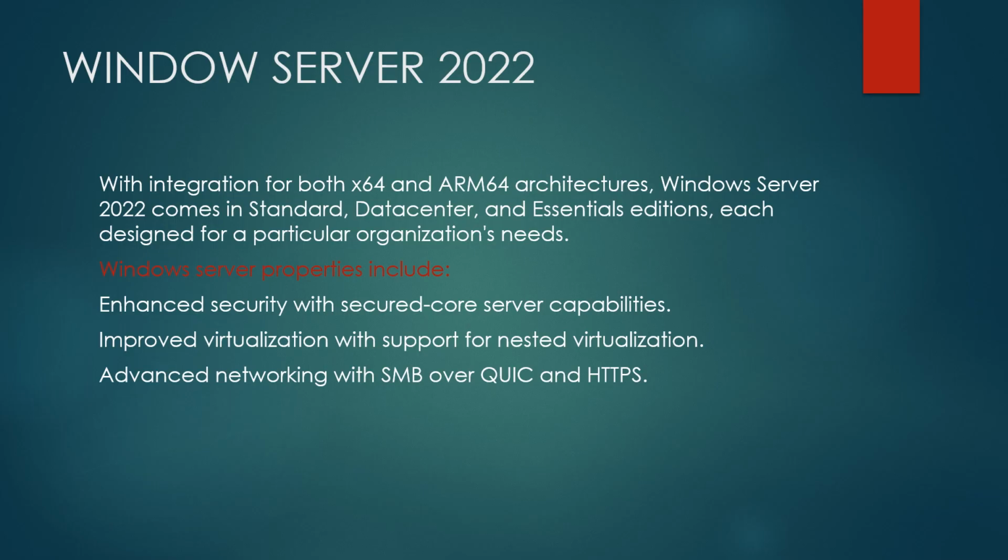Windows Server features include enhanced security with Secured-core server capabilities, improved virtualization with support for nested virtualization, and advanced networking with SMB over QUIC and HTTPS, which is Hypertext Transfer Protocol Secure.